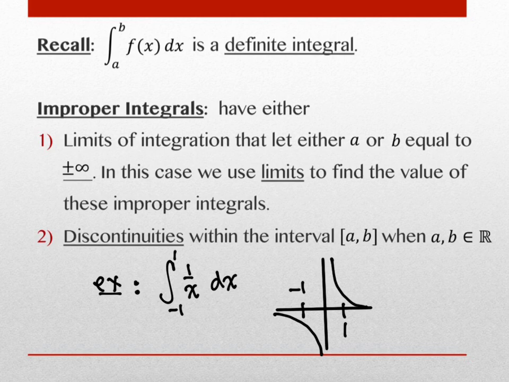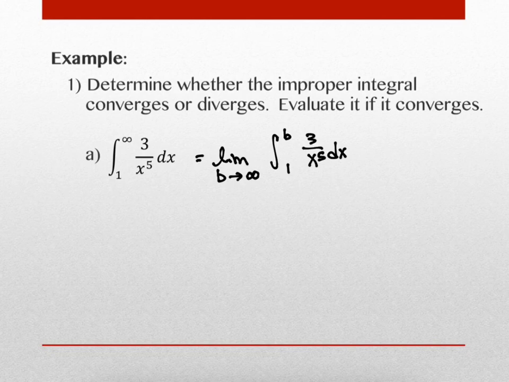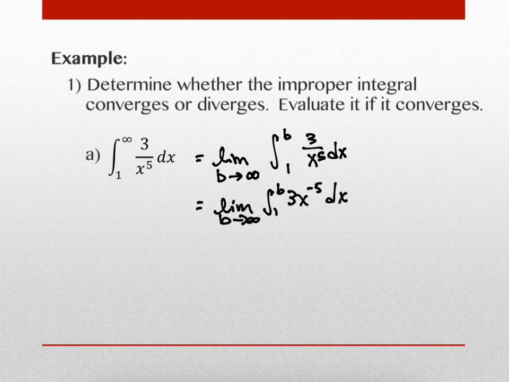The infinity at the top is the only problem that we have. We're going to take the antiderivative of this just like we would for anything else at this point. And we have this b here, and I'm going to first rewrite it as 3x to the -5. All right, so what is the antiderivative of 3x to the -5?